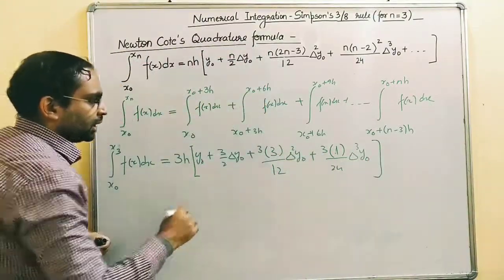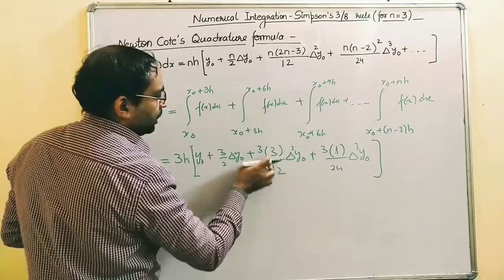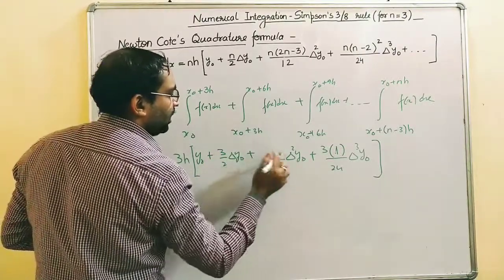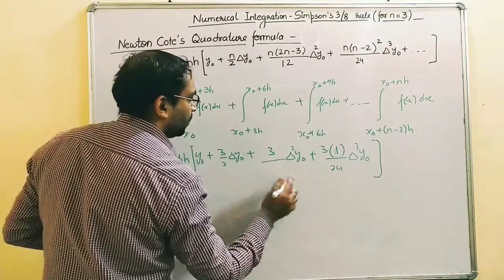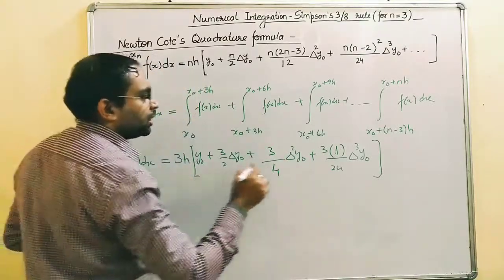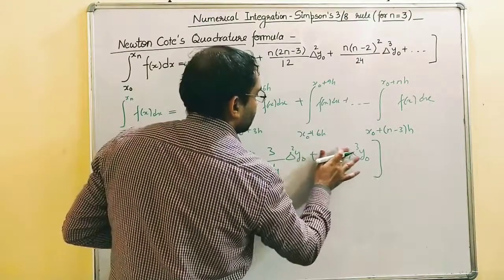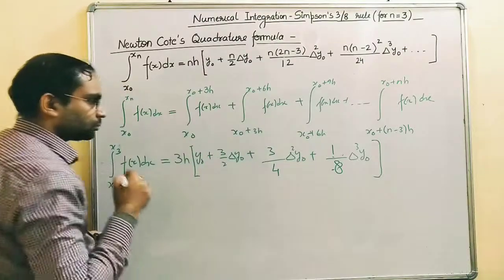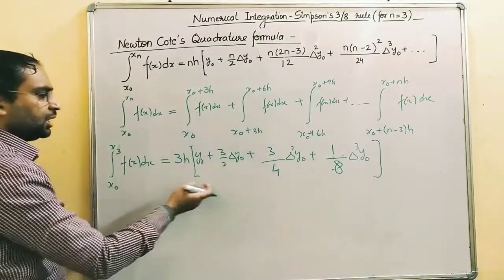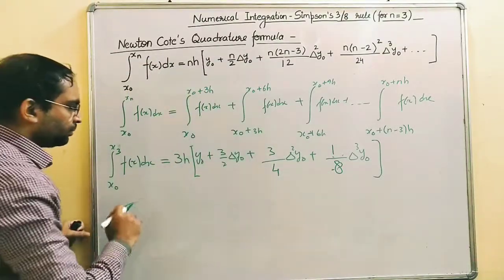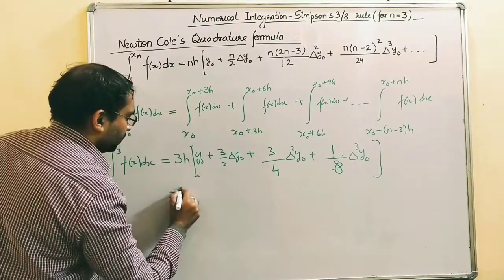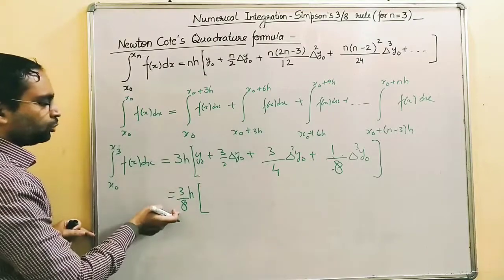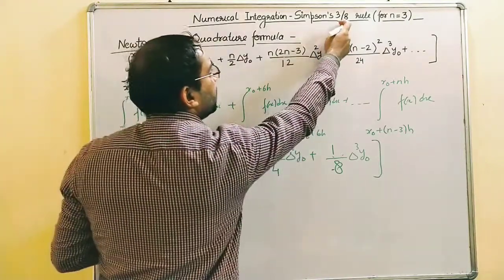Now on solving this, as we can see that this is a 3, we can cancel it with 3. So this will be 3 upon 4, and this will be 1 upon 8. We can take 8 as an LCM and keep it outside. So this will be 3 upon 8 h. As we can see, the common term comes to be 3 upon 8, as the rule's name suggests.